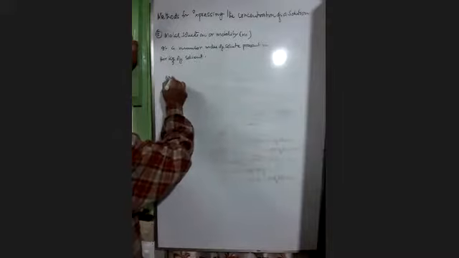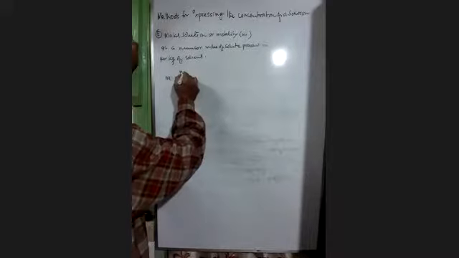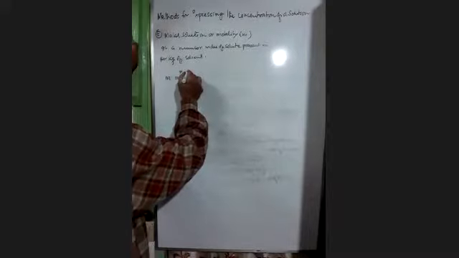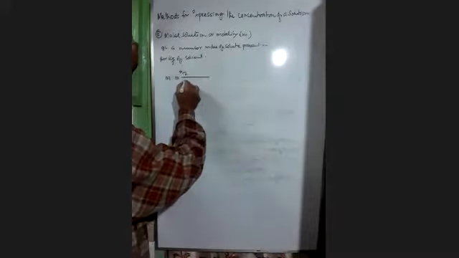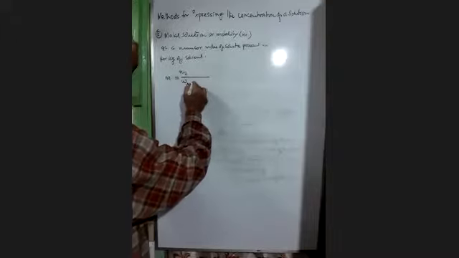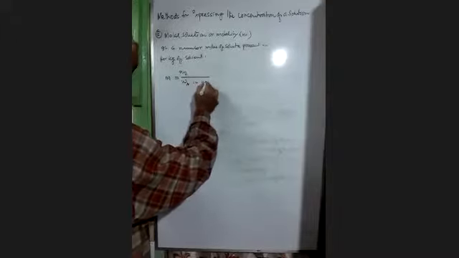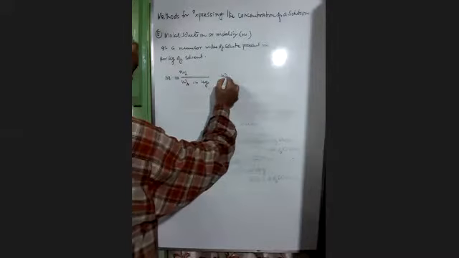So what is molality now? In that case, m is equal to, for solute we write B, nB into, let me write here, WA in kg. What is WA?